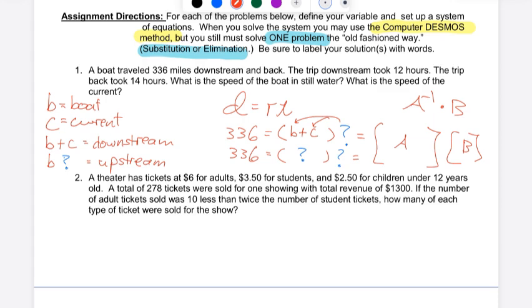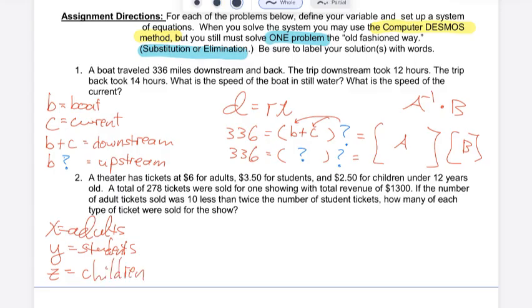How about this theater problem? We got $6 tickets, $3.50 tickets, $2.50 tickets. A total of 278 tickets. Assuming that you guys are going to let X be the adults and Y be the students and Z be the children, but we do need to make that clear.